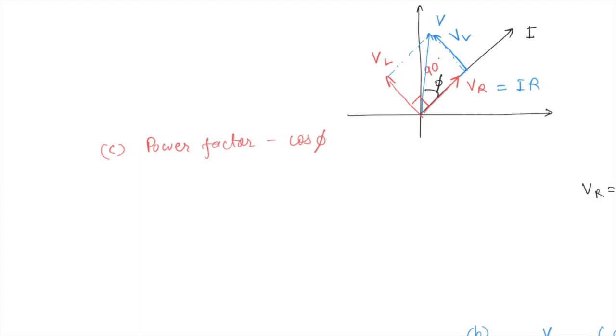So from this diagram, we can see that cos will be base upon hypotenuse. So base is VR and hypotenuse is V. So cos of phi will be VR by V. And both values are known to us.